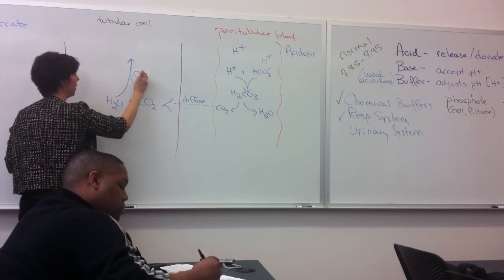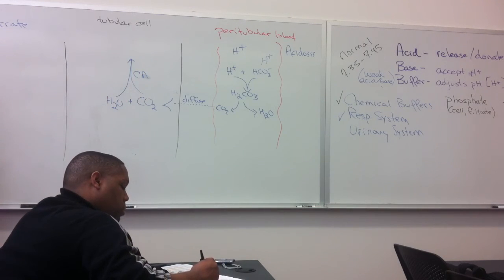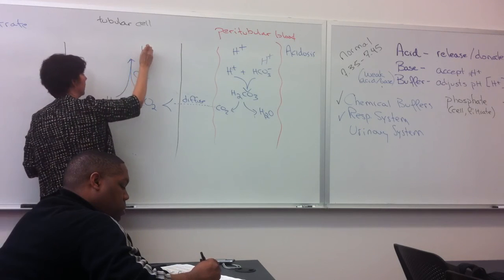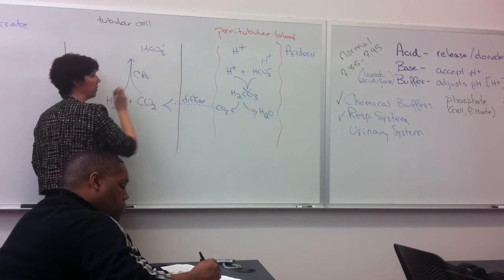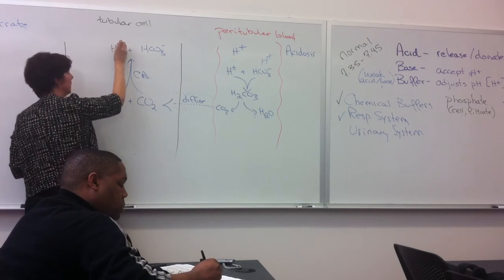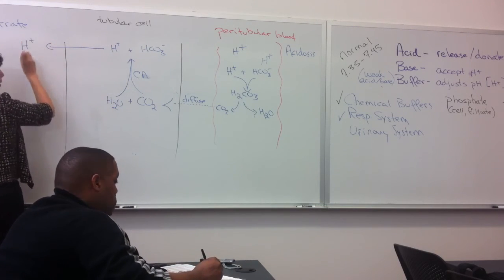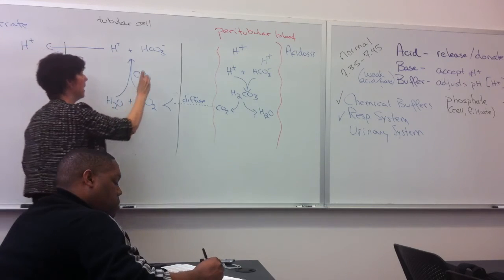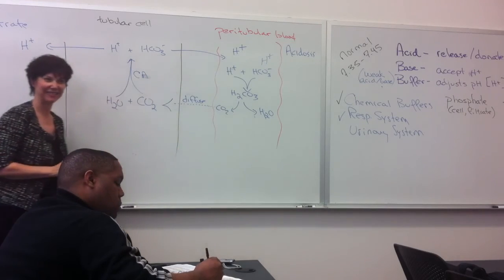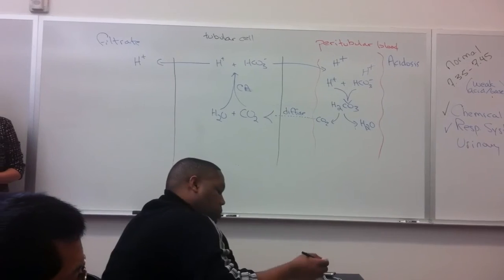And here we have carbonic anhydrase. It just reverses the reaction. The reverse occurs. We make bicarbonate ion and hydrogen ion. And the hydrogen ion ends up in the filtrate. Bicarbonate ion goes back to the blood and returns the carbon dioxide and the water back to the blood where it came from.